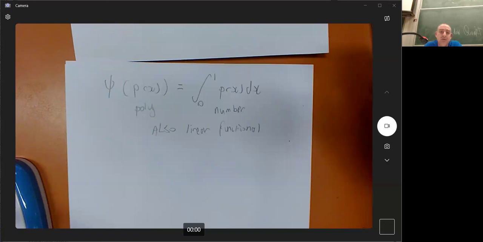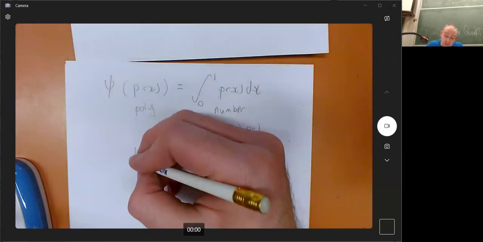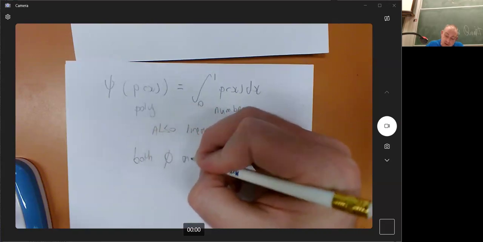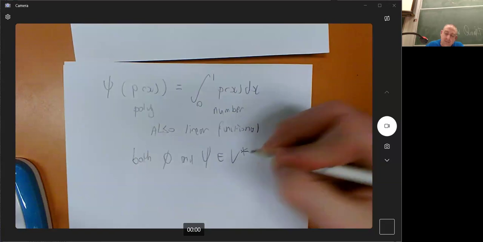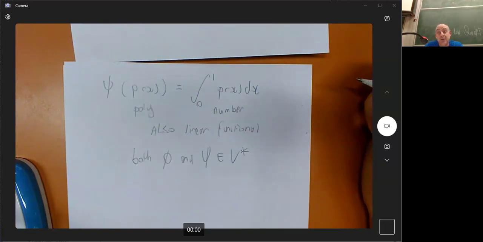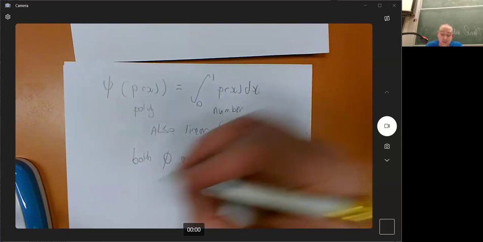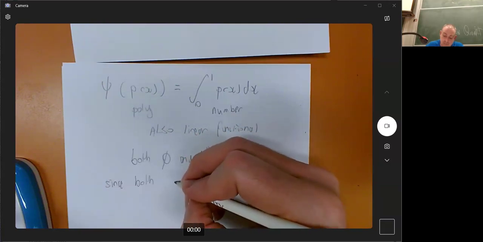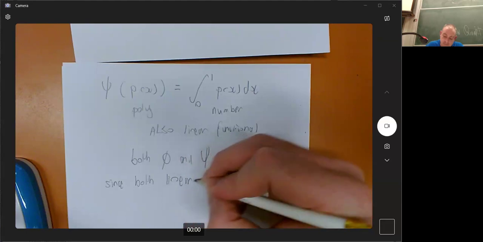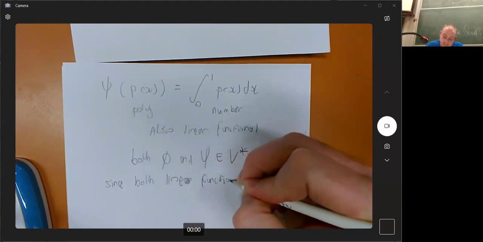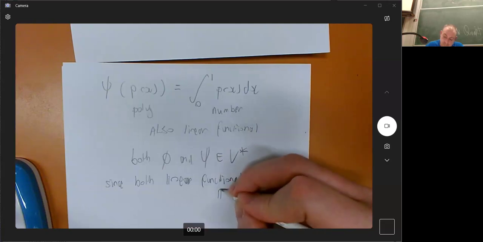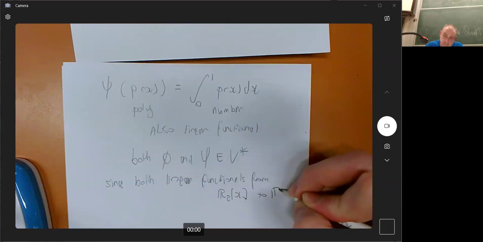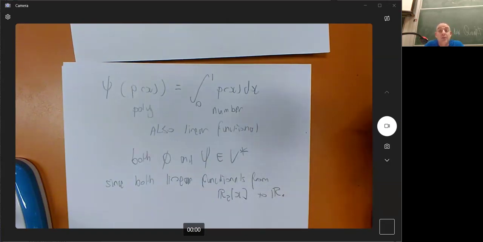Yep, both of those linear functionals are in the same vector space. So both phi and psi are in V star because they are both linear functionals from R2x to R. So they look different, but they are the same kind of thing.